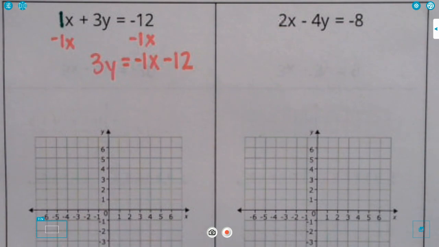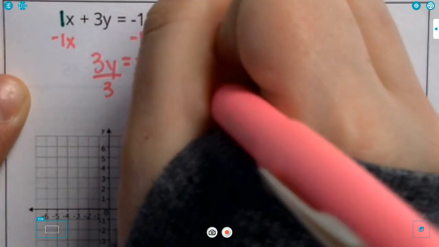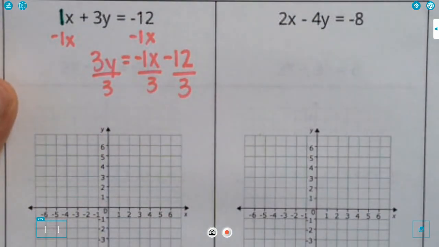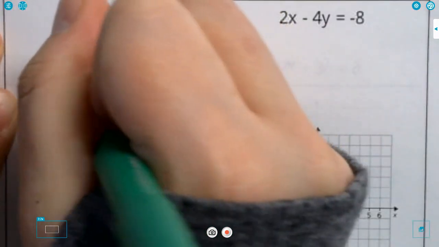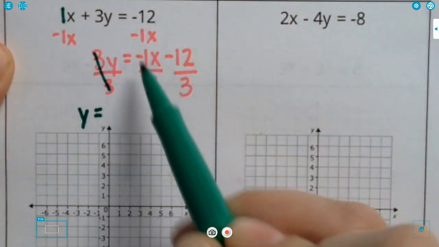Okay, then we need to get rid of the 3. So we're going to divide everything by 3. These 3's cancel, so we'll have y equals. This negative 1 over 3, we're going to leave as a fraction.